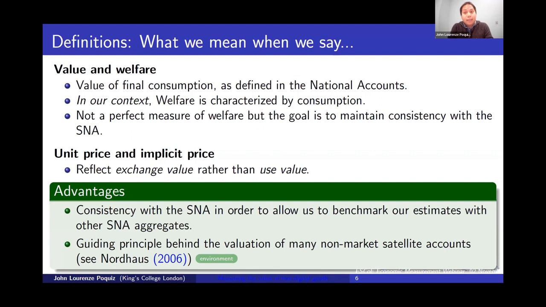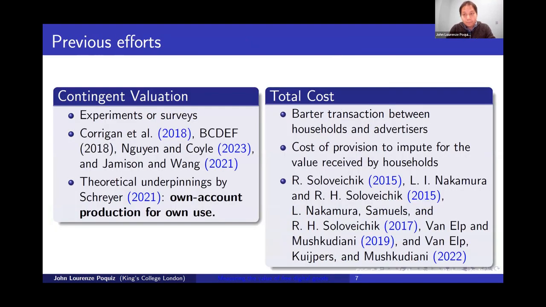In that way, we can compare all of our estimates to the aggregates being compiled by national accounts, such as other consumption items and GDP, household consumption, etc. This is also the principle behind many non-market satellite accounts, such as the environmental satellite accounts, because they want to maintain consistency with the SNA in order to maintain comparability with other core aggregates in the system of national accounts.